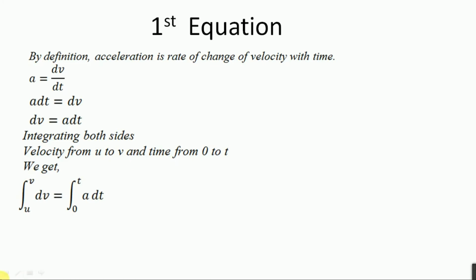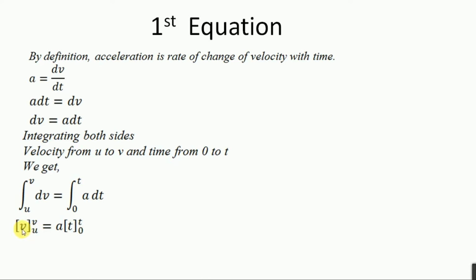These are the limits of integration: velocity going from u to v, time going from 0 to t. Here a is constant, so I can take it out. The integration of dv is v, with limits from u to v, and the integration of dt is t, with limits from 0 to t.